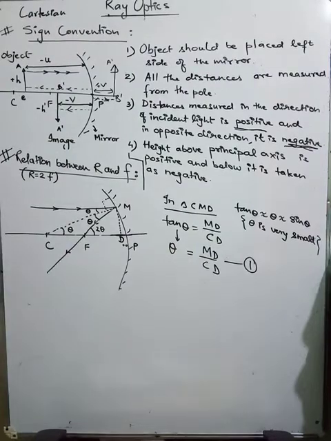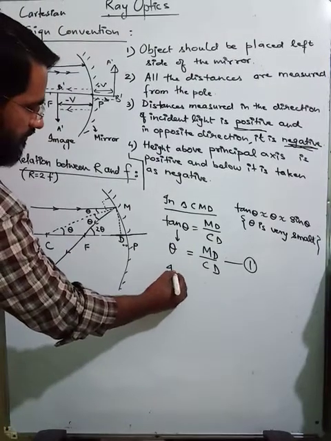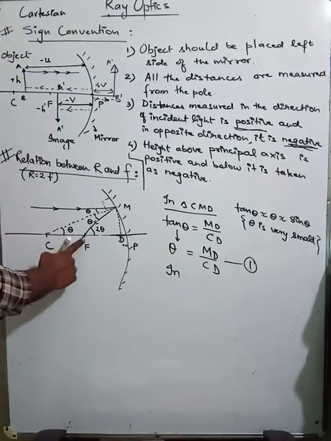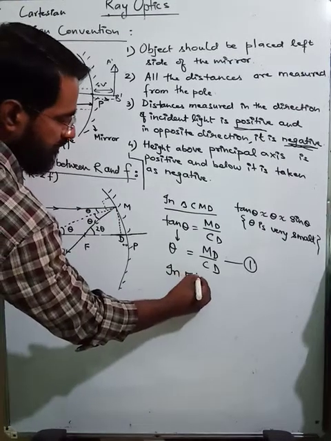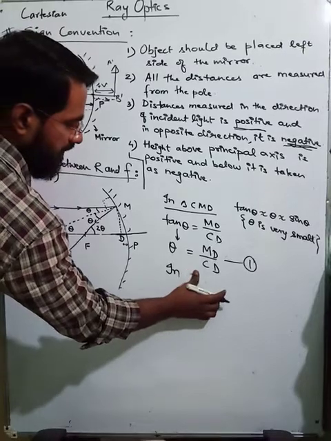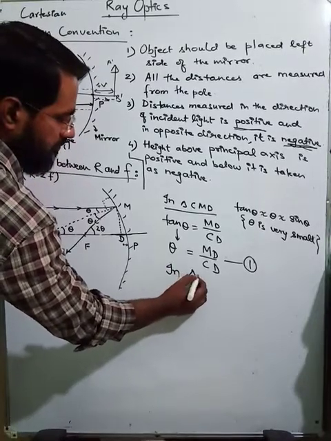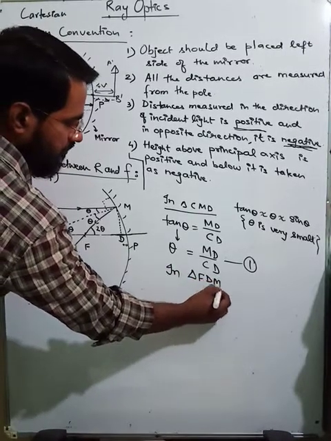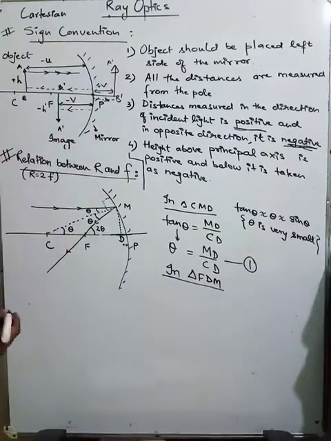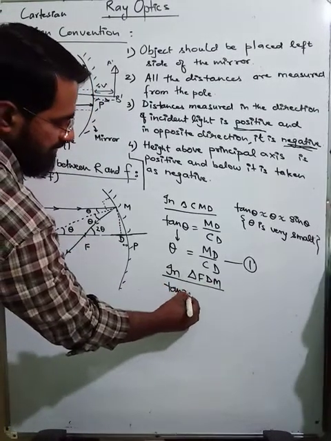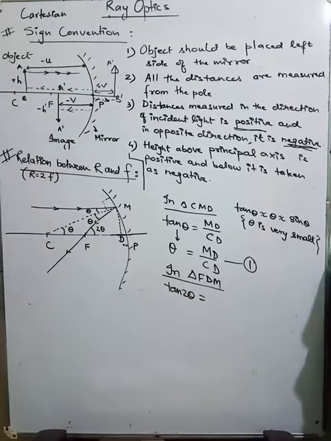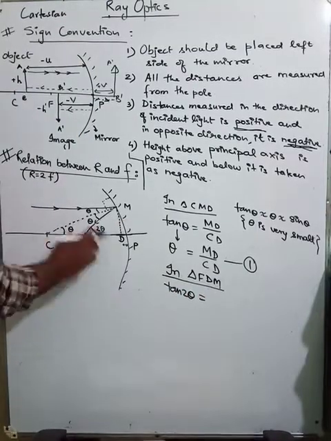Now again we will take triangle FDM and write tan. Here the angle is 2 theta, so we write tan 2 theta. The definition is opposite upon adjacent.